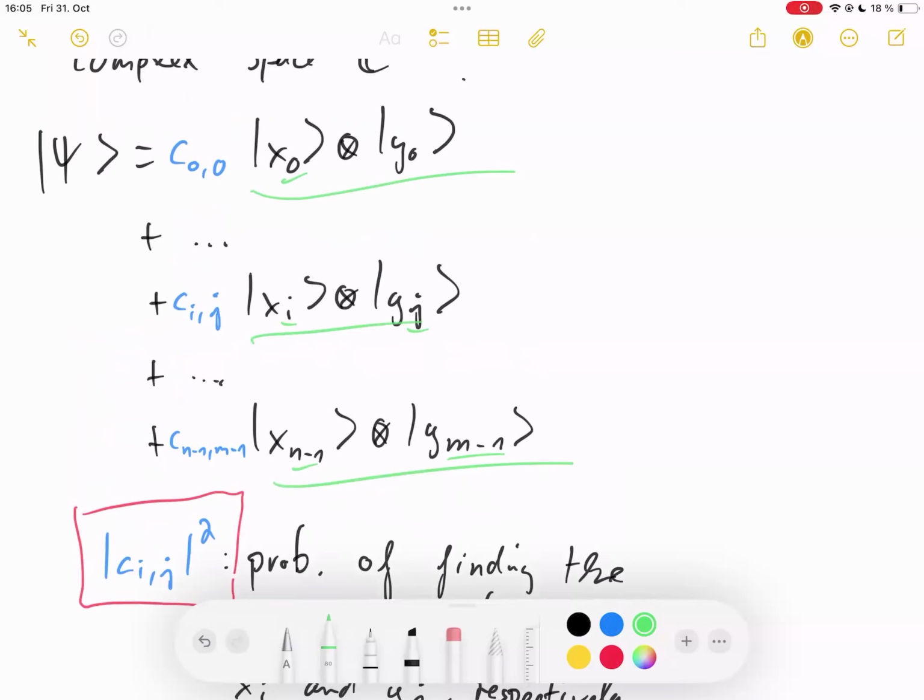But it doesn't look that much more sophisticated. It's just other basic vectors, which are the tensor products of the basic vectors from the single systems, and I have some complex amplitudes now. How to calculate these complex amplitudes, that's a different topic. But eventually, this is just a highly generic description.